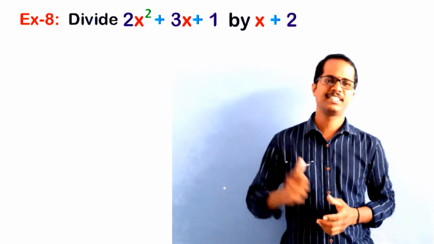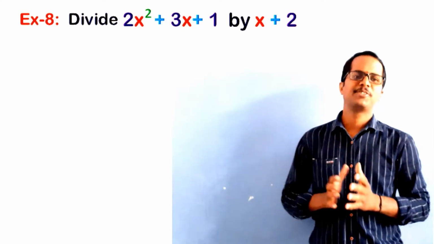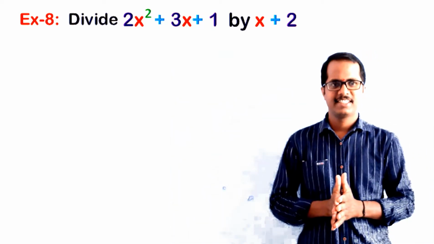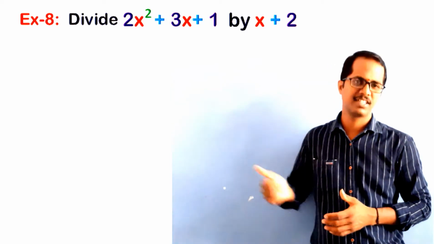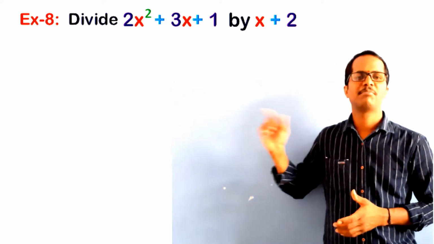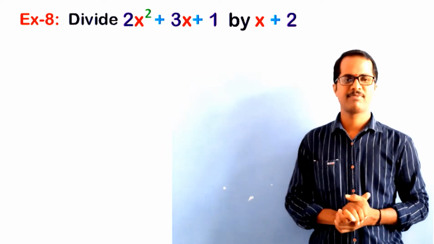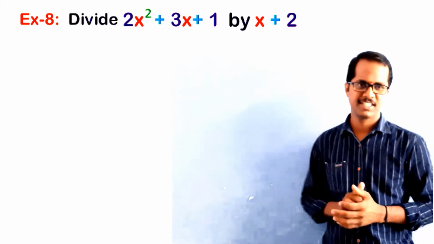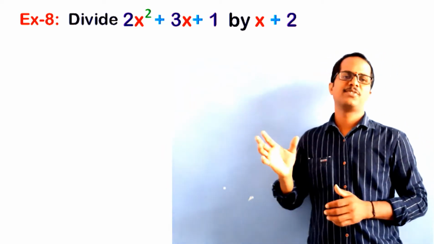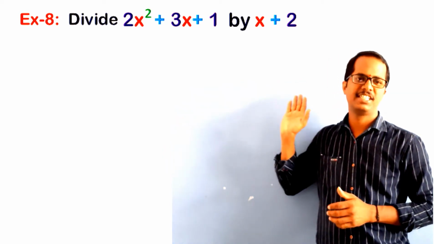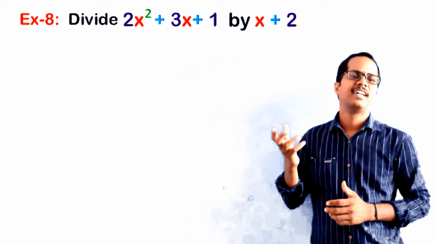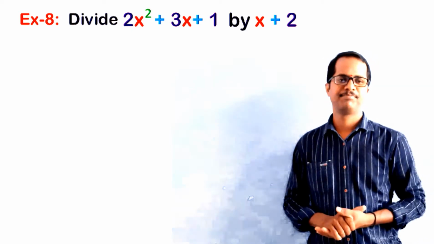So here in this example, we need to divide the quadratic polynomial, that is 2x square plus 3x plus 1, by the linear polynomial x plus 2. To do this division, first we need to write both the divisor and the dividend in the decreasing order of their degrees.